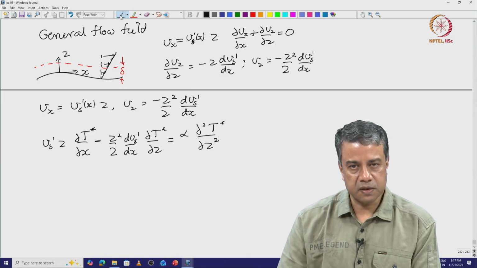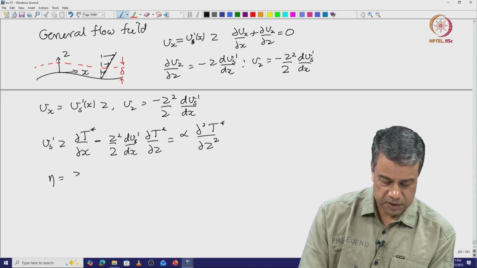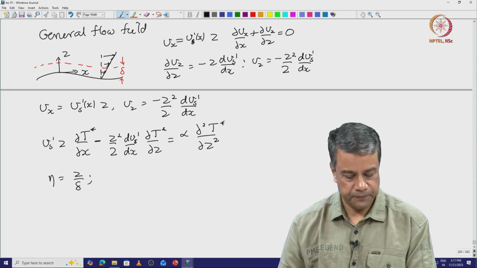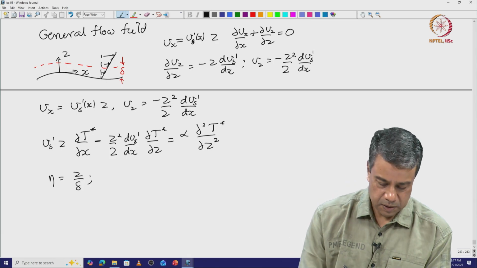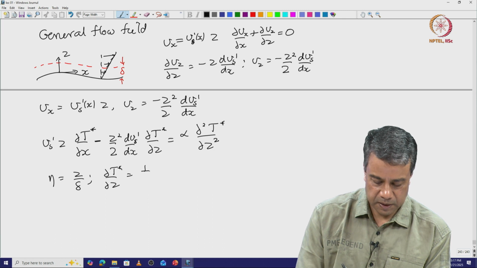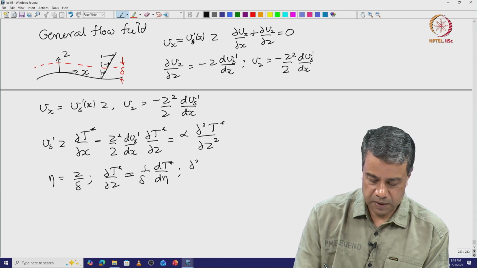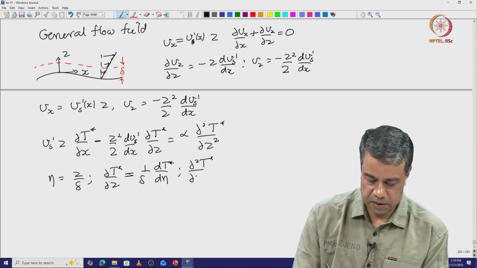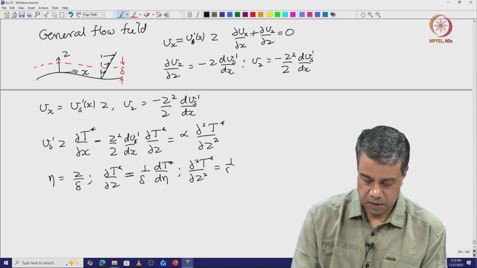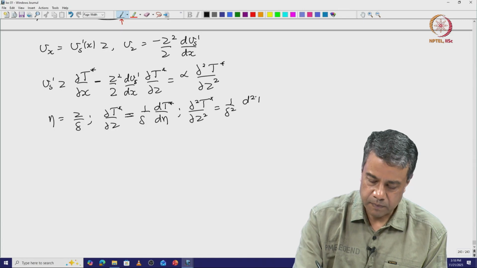And then we do our substitution. Eta is equal to z by delta. Partial T star by partial z is equal to 1 by delta dT star by d eta. Partial square T star by partial z square is equal to 1 by delta square d square T star by d eta square.